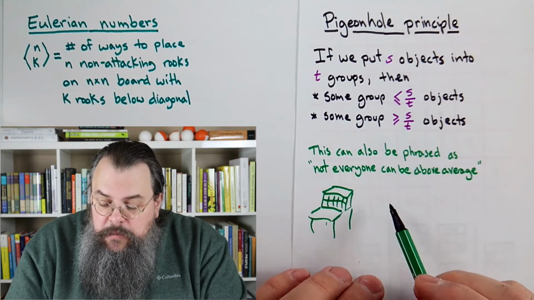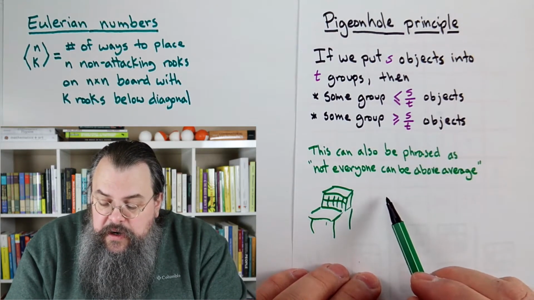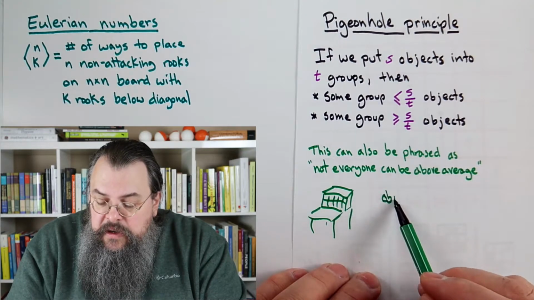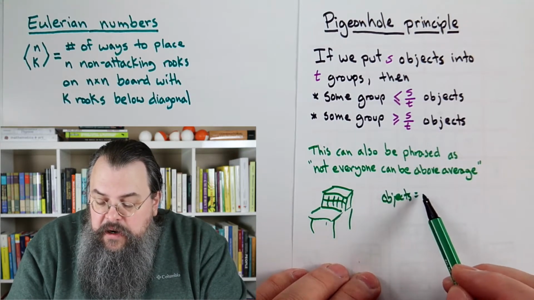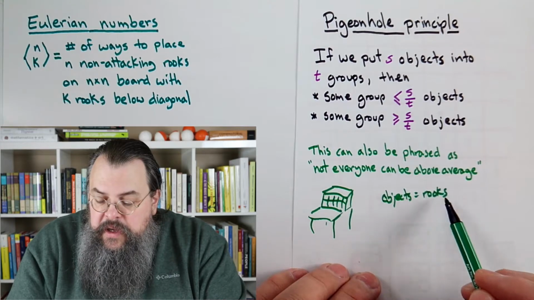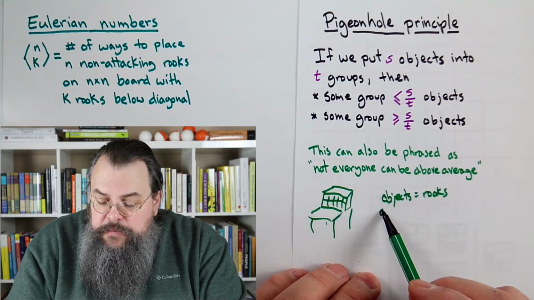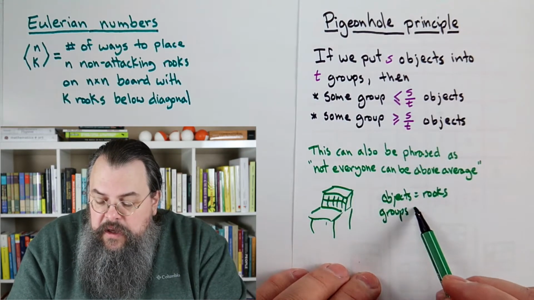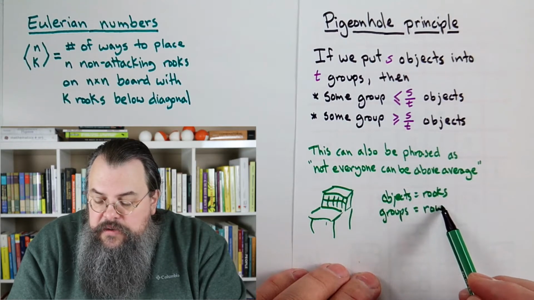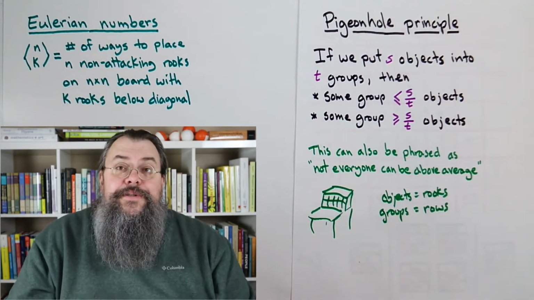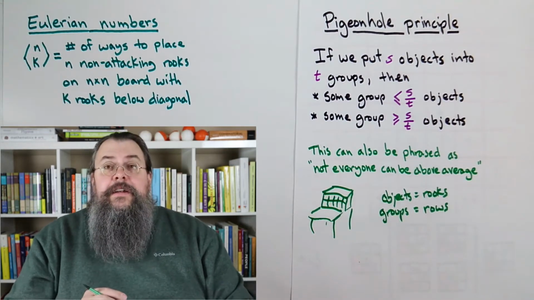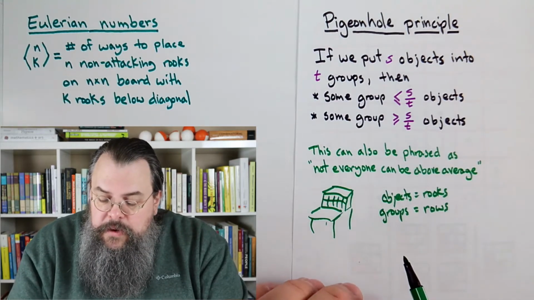Here, what we'll do is think of our objects as our rooks, and our groups can be our rows. So we have rooks and rows. All right, now, what do we see?